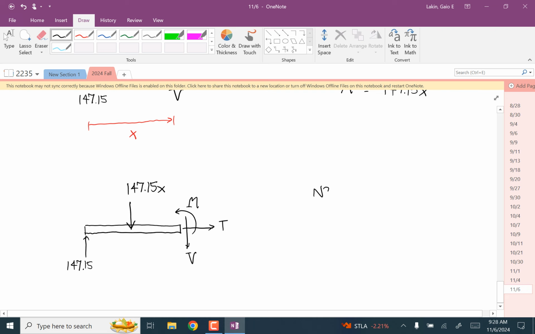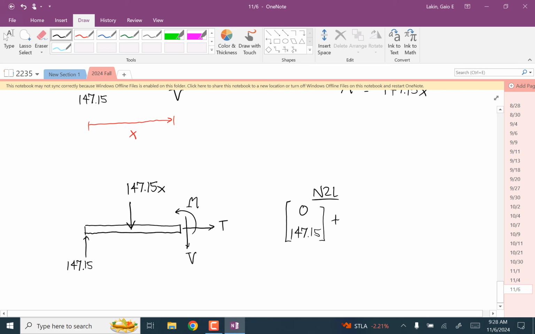So Newton's second law says 0, positive 147.15 plus, remember that I said it can get confusing what you're calling positive and what you're calling negative. Just remember that the labels that we put on here are what you're multiplying by a unit vector. And the unit vector is given by the direction of the arrow.